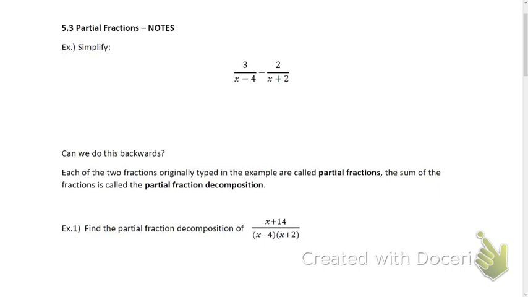So if I want to combine those two fractions, I need a common denominator. And in this case, it is x minus 4, x plus 2.